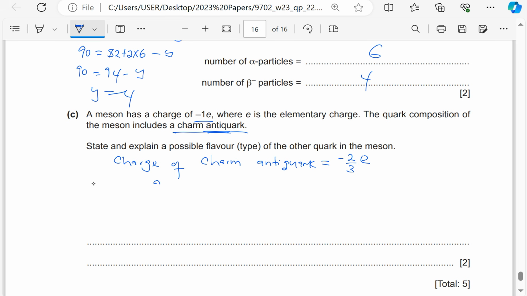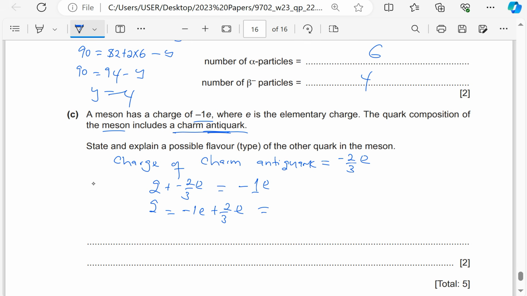So let the other quark be q. Remember, a meson has a quark and an anti-quark. So let the charge of the other quark be q, plus negative 2 over 3e should give us negative 1e. So when I collect like terms, q is equal to negative 1e plus 2 over 3e.